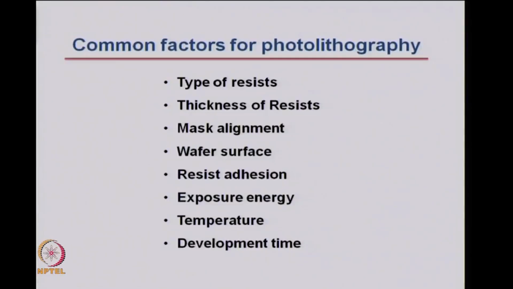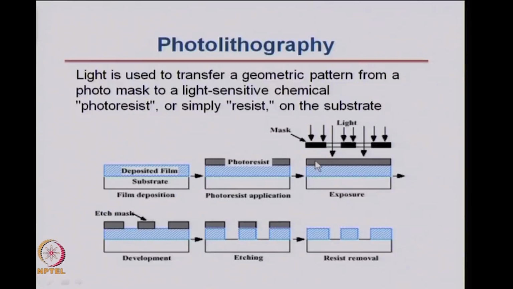So, common factors for photolithography: there are different types of resists. Then, what is the thickness of resist you want? If it is too thick, the light cannot penetrate completely, then you will not have this structure and some resist will remain.